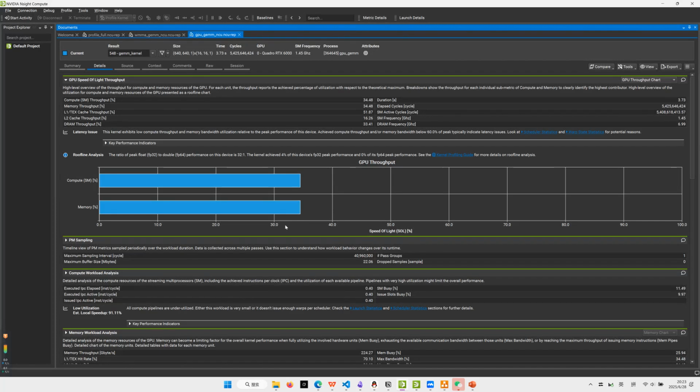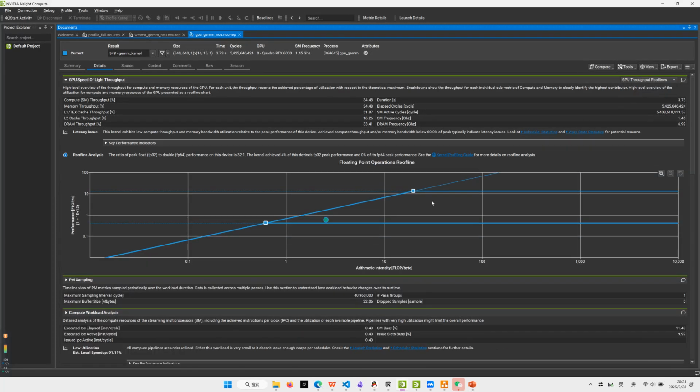The result shows that it only reaches about 35% of your throughput, but a good result would maybe be about 80%. So this may not be very good. And this will be the roofline here. This is the double precision roofline, but this will be the single precision.